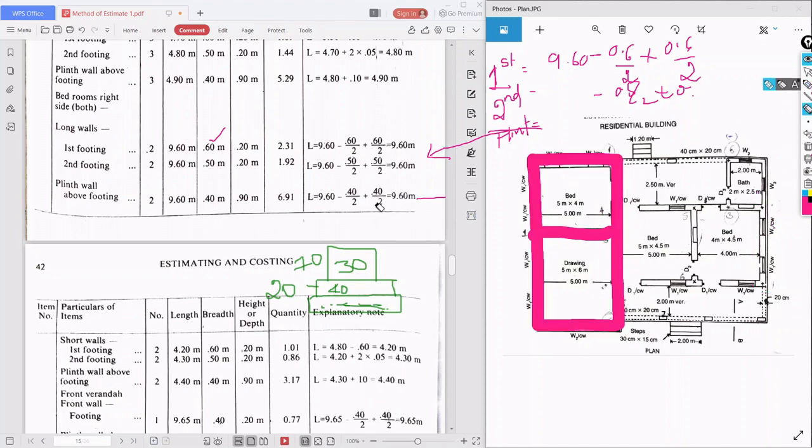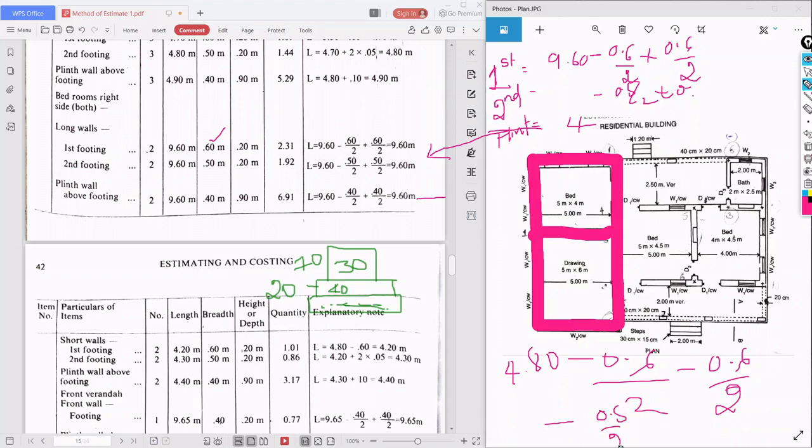Once this is done, and for the short walls also, what is the short wall distance? It is 4.80. See here, 4.80 minus 0.6 by 2 minus 0.6 by 2. Similarly for second footing, minus 0.5 by 2 minus 0.5 by 2.